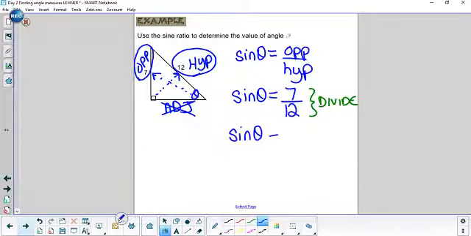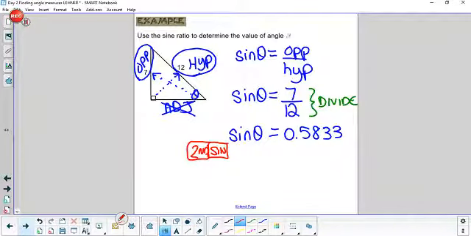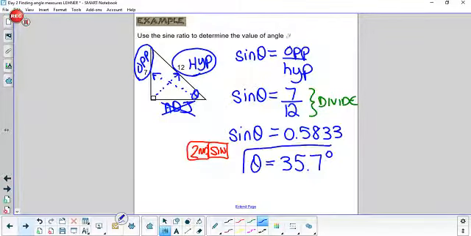Go to at least 4 decimal places unless it terminates before that. And now we use our technology. This is what we just practiced. You're going to use your second sine, whichever way your calculator is programmed, and you're going to get your angle measure is 35.7 degrees.